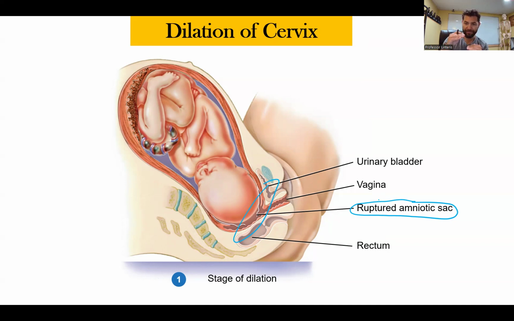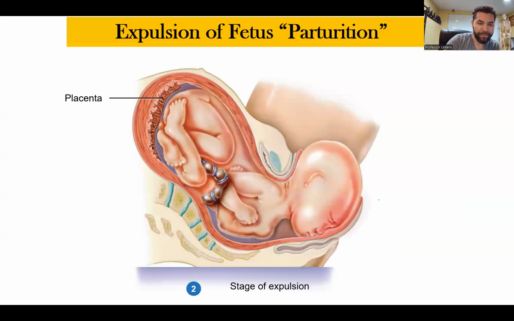And the rupturing of that sac frees up so it can leave, right? The placenta is located right here. The baby's head obviously comes out first. Clearly, this was your cervix with extreme dilation, and they'll say cervical dilation is XYZ centimeters, and that's how far along this process is.